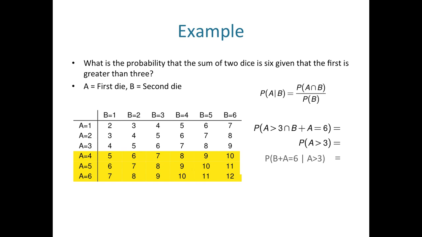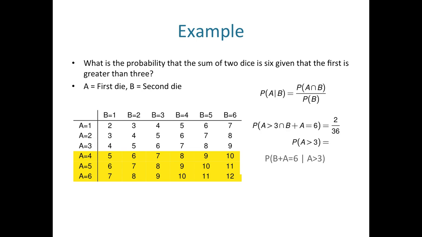Okay, so what you see there is the general formula. The first one is the numerator, so the joint distribution. And the second one is the denominator, the second part of the quotient. And then the last part is going to tell us the conditional probability.